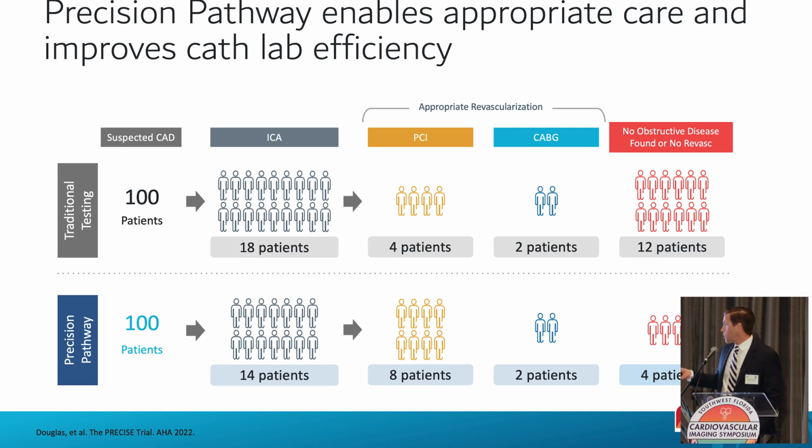But what I think is also very important is if we look at the total number of revascularizations, the total number of appropriate revascularizations was higher in that precision pathway arm, and the number of invasive angiograms with no obstructive disease was much less. So kind of reinforcing the efficiency of the CT, FFR CT pathway for improving appropriate revascularizations and eliminating a lot of the unnecessary invasive cath.